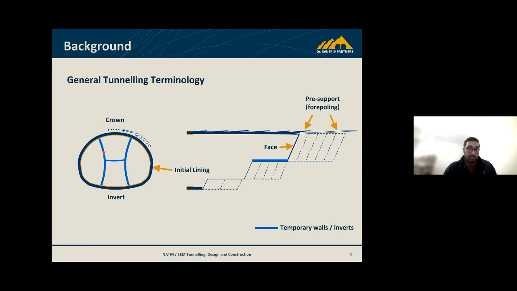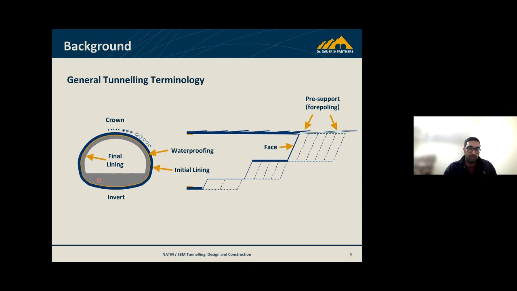Those are temporary because they do get broken out, and eventually you can install your waterproofing layer, whether that be sheet membranes or sprayed-on waterproofing, whichever is specified or designed for. And then you have your final lining, and the flat mass concrete inverts.